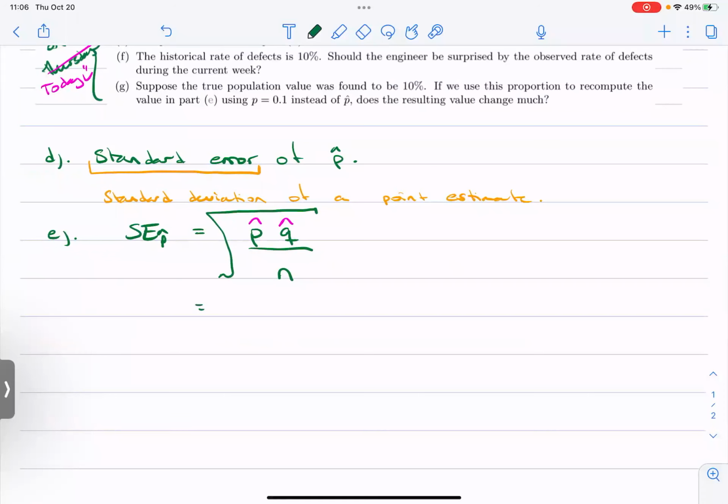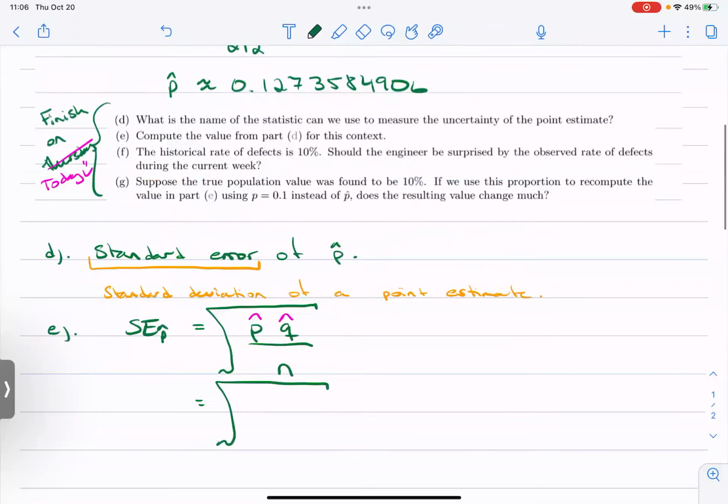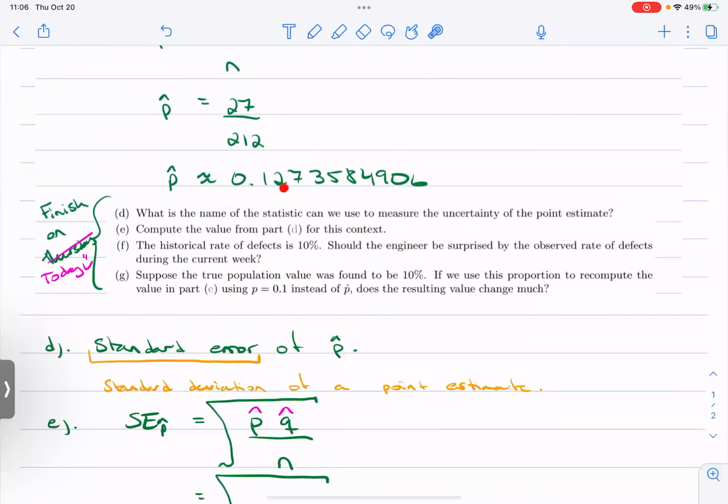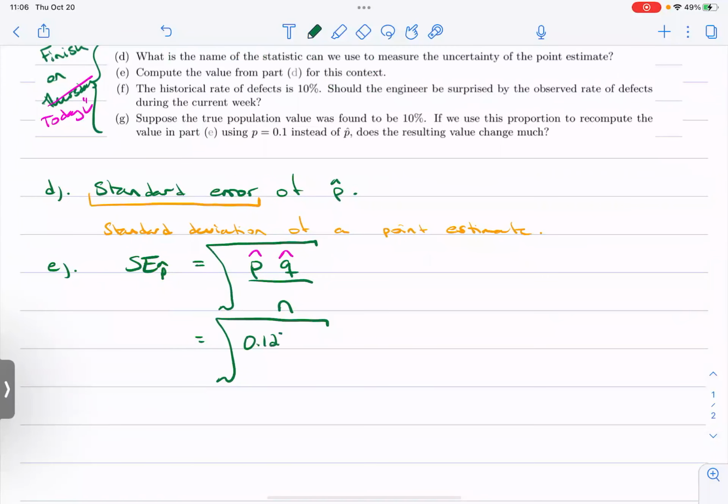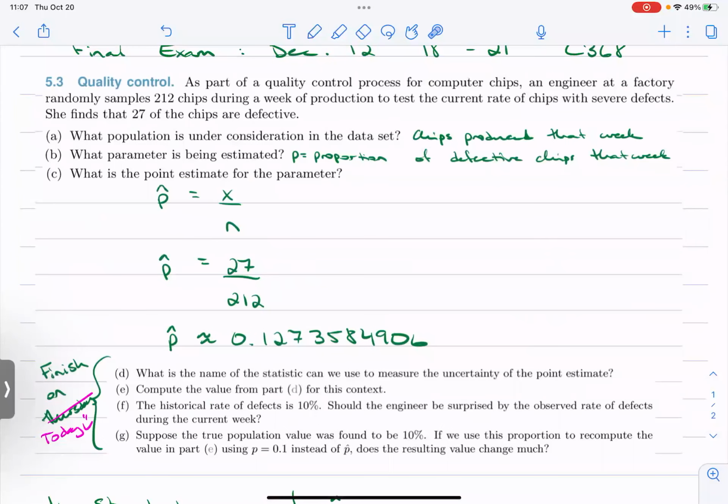All right. So our standard error is going to be, I'm going to use 0.127, just rounding this a little bit. So I'll use 0.127 times 1 minus 0.127, divided by N, which we said last day was the 212. So we're talking about defective chips in computer chips being produced for a specific week.